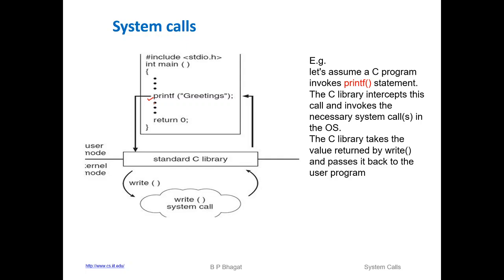Now this is given to the standard C library, which invokes the necessary system call by the operating system, and the corresponding output is sent back to the user, so that after execution of this system call, we will be able to see the output on the screen. This is how the execution of a system call takes place.